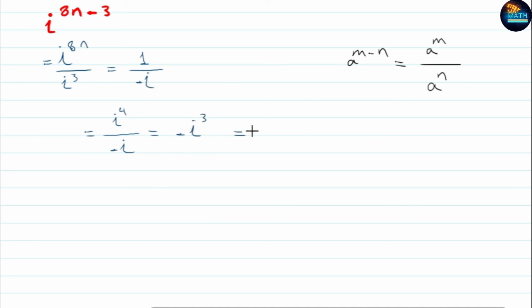So it's equal to negative i to the power of 3. So again, i to the power of 3 is equal to negative i. So you have negative outside the parentheses, and inside the parentheses you have negative i. So it's equal to i, because negative times negative is positive. So the answer is i.